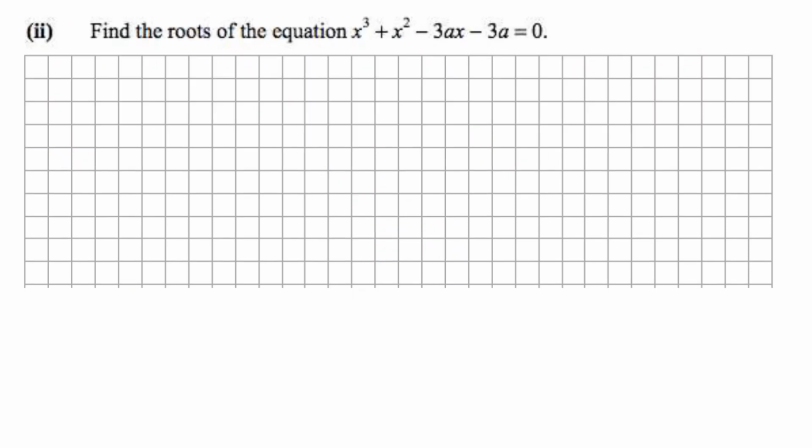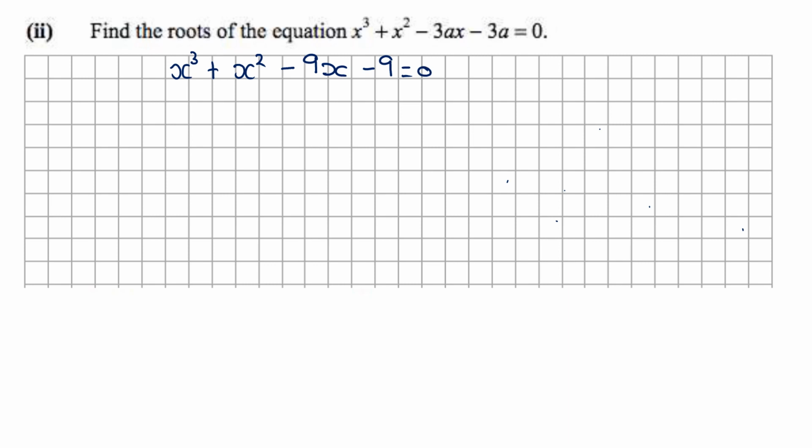The second part of this question then says find the roots of the equation x cubed plus x squared minus 3ax minus 3a equals 0. Now, we know that this equation can be updated to be x cubed plus x squared minus 3 times 3, so minus 9x minus 9 equals 0.